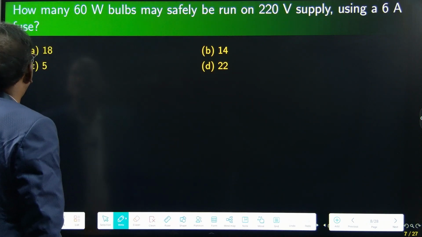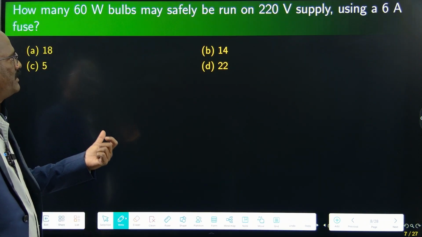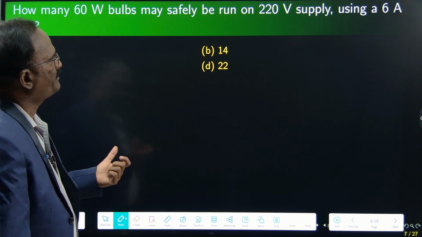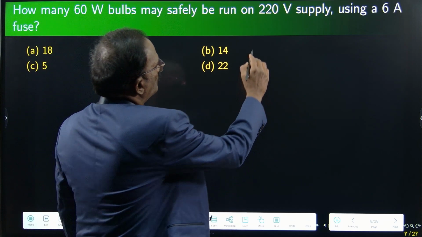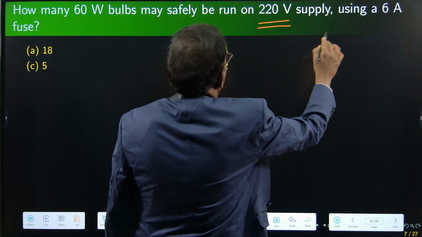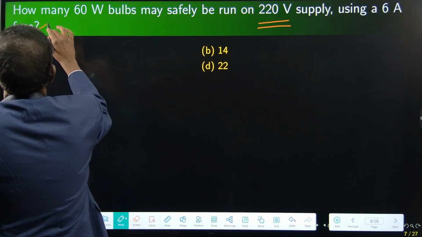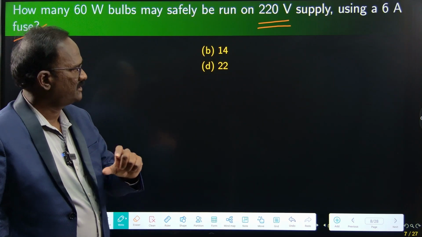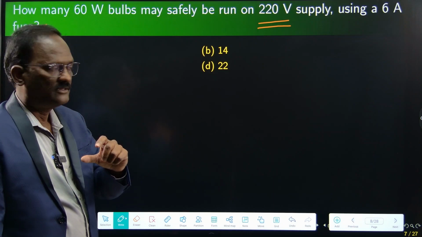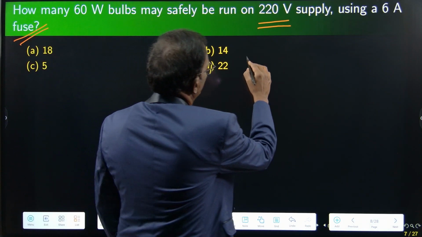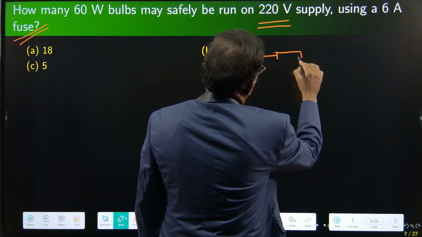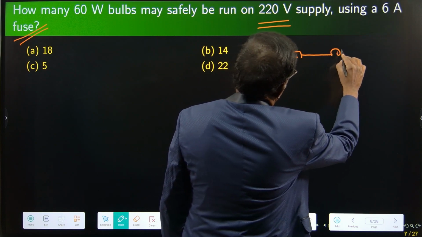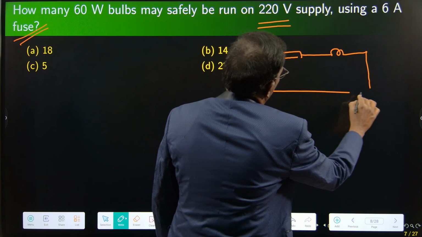Right, this one, interesting. How many 60 watts bulbs may safely be run on a 220 volt supply using a 6 ampere fuse? So a fuse is one element which is used in a circuit to protect the circuit. This is the fuse, and this may be some bulb.